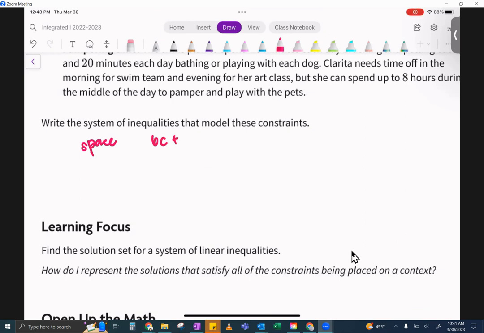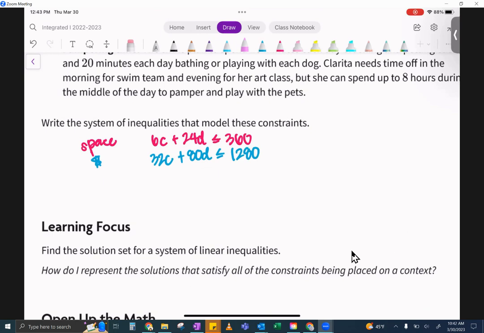For space, we had 6C plus 24D is less than or equal to 360. And then for money, it was 32C plus 80D is less than or equal to $1,280, right?